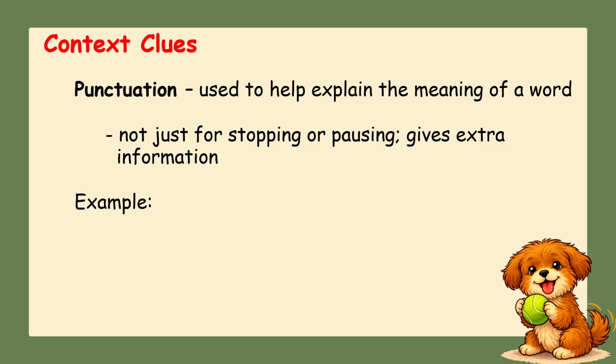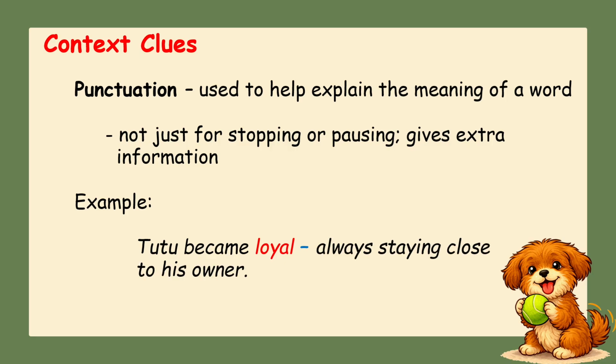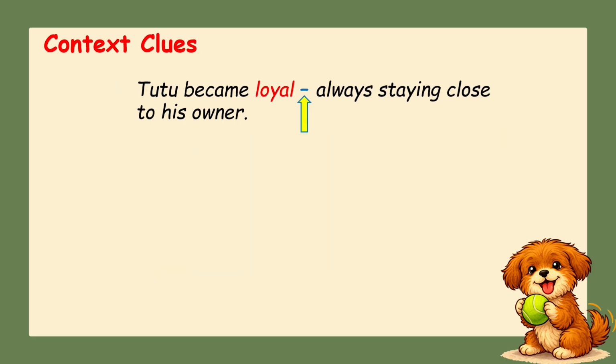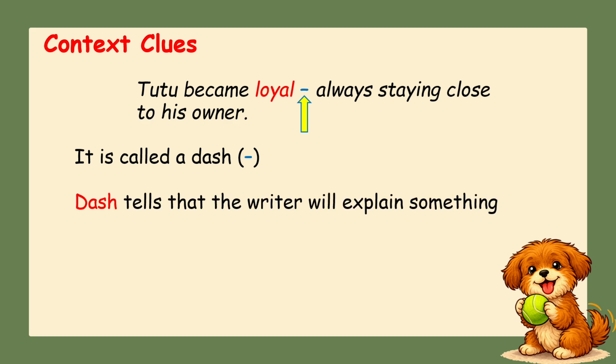For example, Tutu became loyal, always staying close to his owner. Look at the punctuation mark in the middle of the sentence. This punctuation mark is called a dash. A dash tells us that the writer is about to explain something.